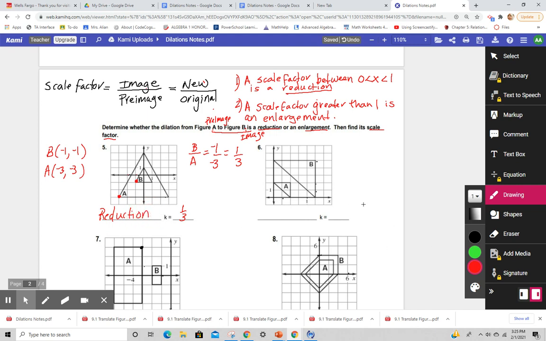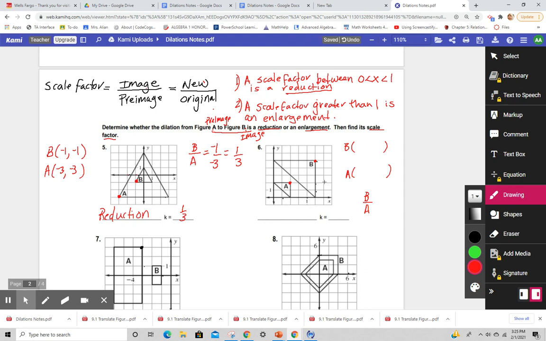Okay, let's do the same thing here. Find B and the coordinates of A. Since we're going from A to B, it's going to be B over A, because this is the image and this is the pre-image. So let's take this point and this point. These are two corresponding points. Where is A located?